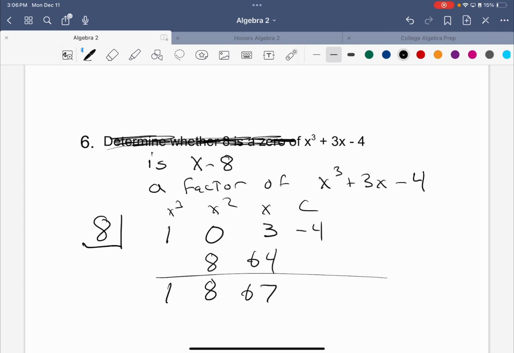That's a big number. 67 times 8. 536. So we've got a remainder of 532. So is it a factor? No. It's not a factor. And if it asks you if it's a factor or not, say no. It's not a factor.